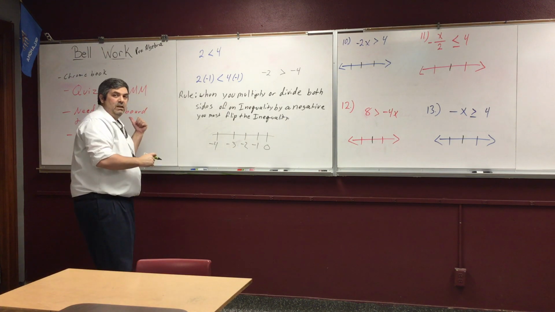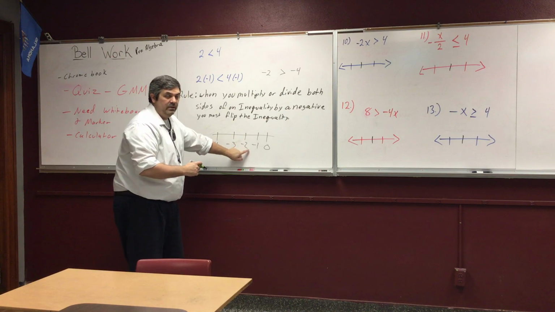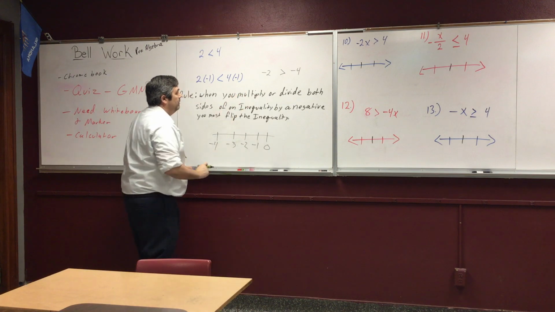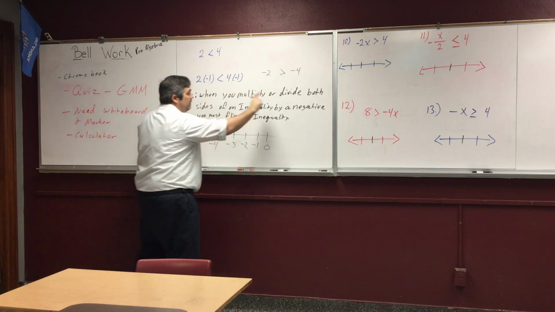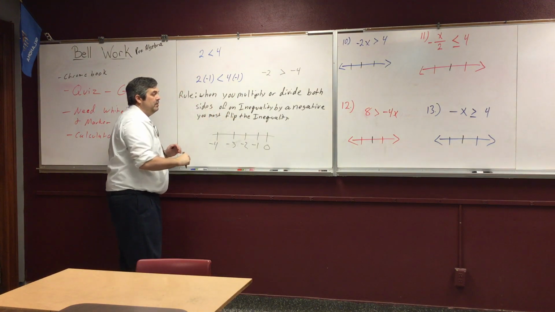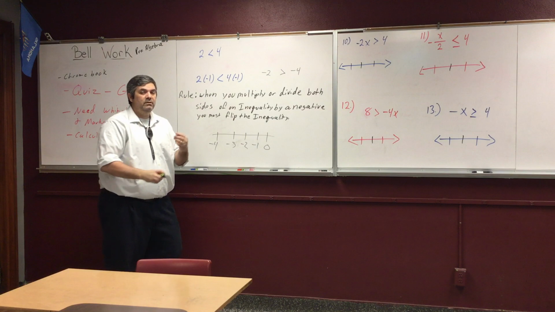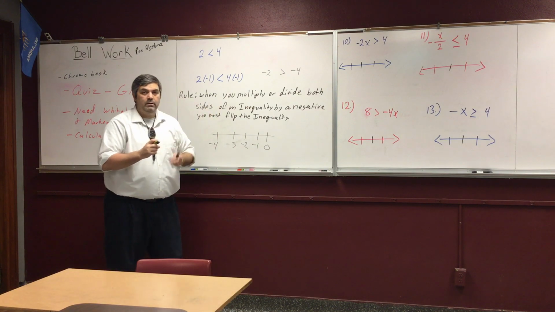Well, this is further to the left on the number line, therefore this is smaller than this, or this is greater than this. And that's all that we're doing here. Okay, so again, we're going to reread the rule here. When you multiply or divide both sides of an inequality by a negative, you must flip the inequality. So when we multiply or divide both sides by a negative number, we flip that inequality.